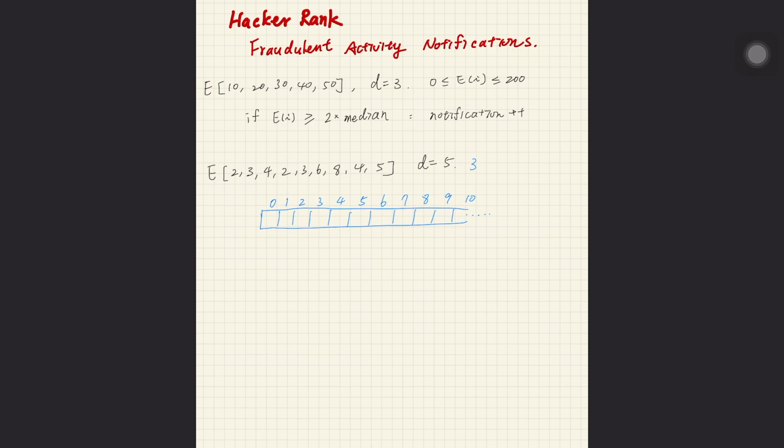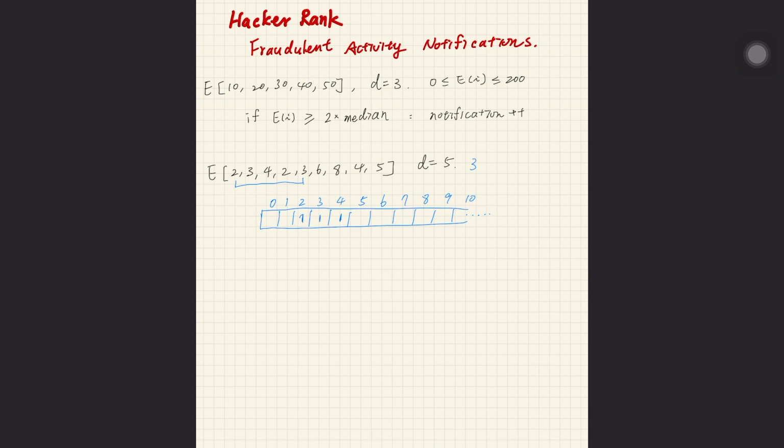In the first window, since d equals 5, the window is like this. First we have a 2, so we have one occurrence of 2, then 3, and 4, and 2 again.